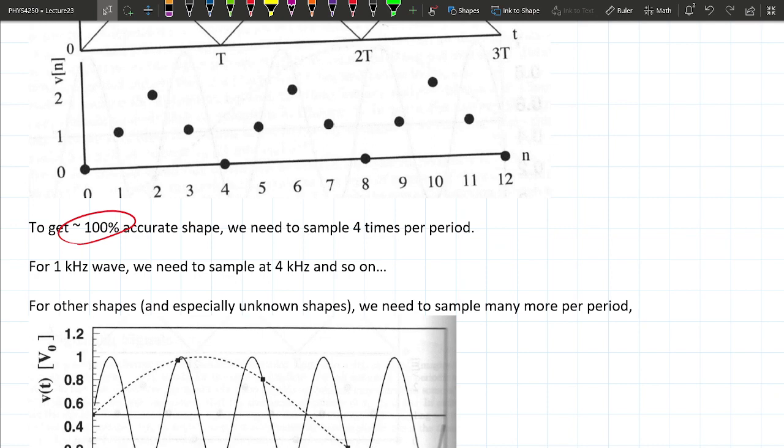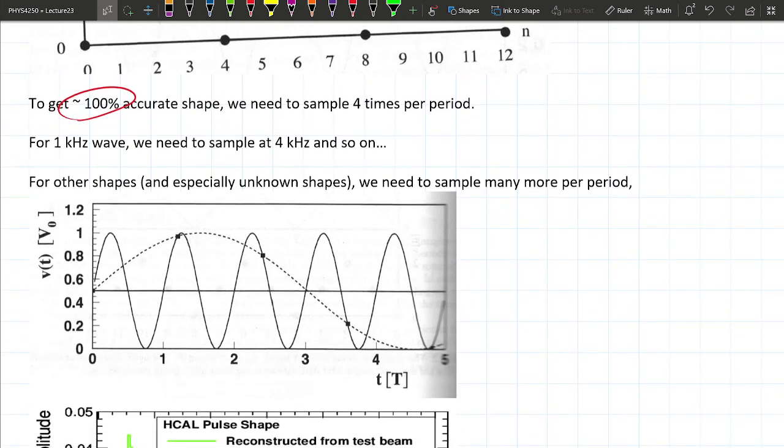Well, unfortunately, not everything is a triangle. A mathematician may disagree, actually. So let's say we have a sine wave of 1 kilohertz, right? If we sample slower than the frequency of the wave, what's going to happen is that, so this black point is the signal that we're trying to digitize, right?